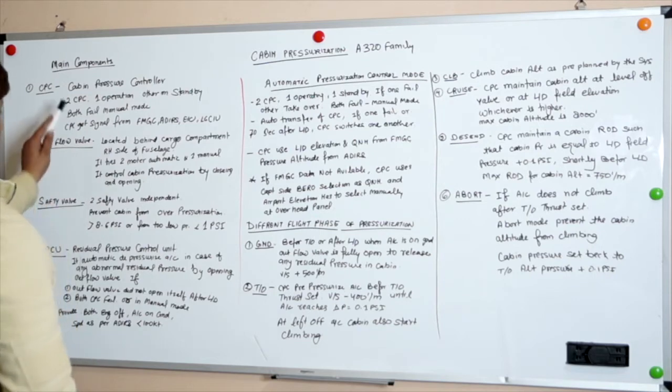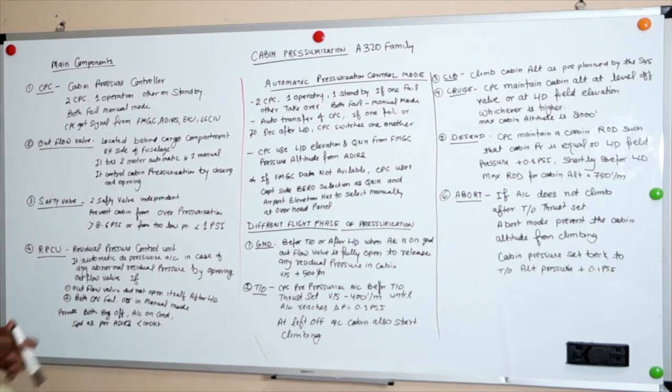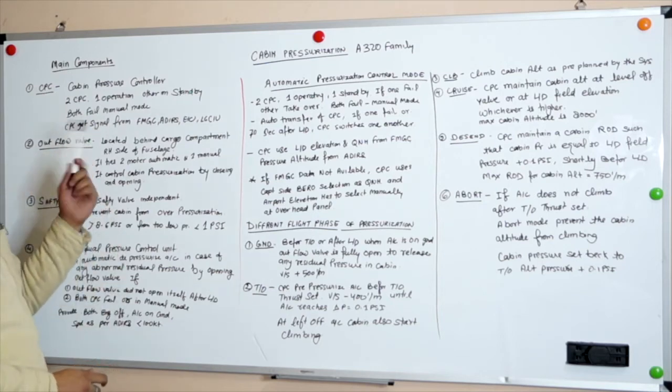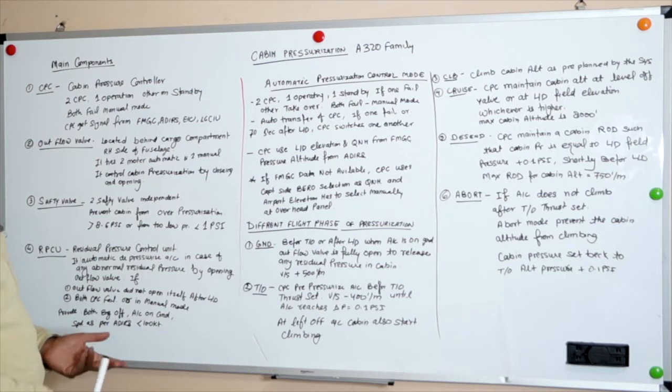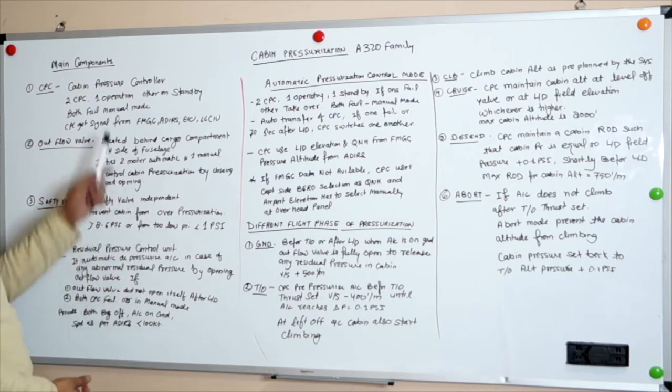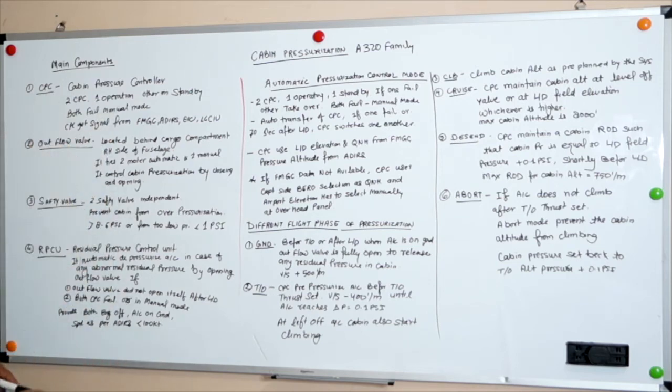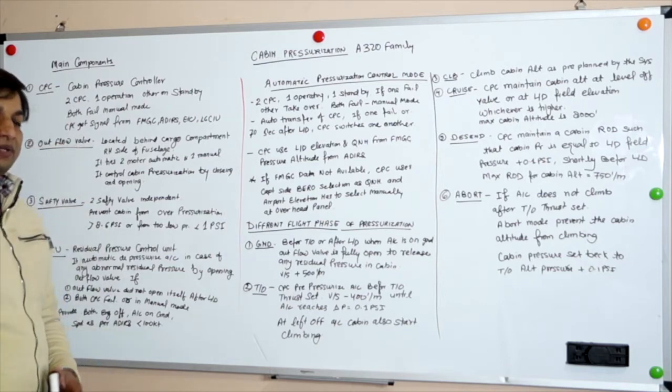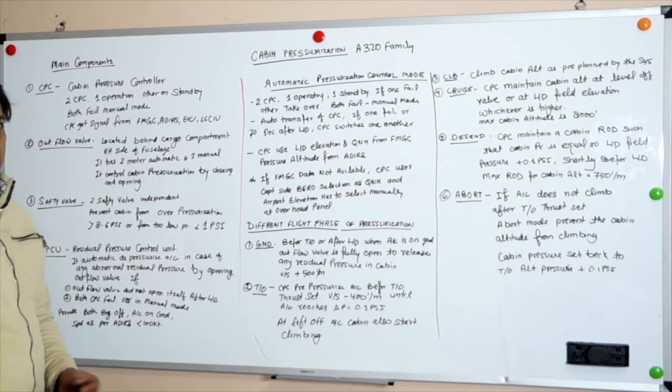There are two CPC controllers. One is always operating, the other is on standby, and if one fails, the other can take over. If both fail, then manual operation mode. It can also transfer automatically after every landing.